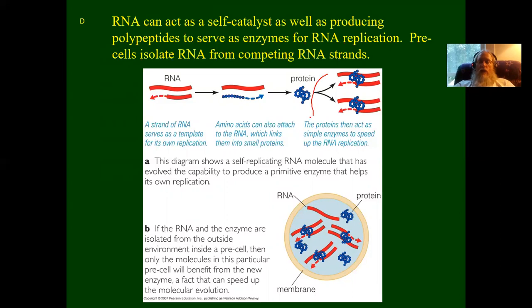But once you get some of that RNA that makes those little early proteins that can catalyze, or serve as an enzyme for, RNA replication, enclosed in a membrane, that only helps the RNA in that membrane and not other bits of RNA. And that's one of the importances of being enclosed in a membrane.